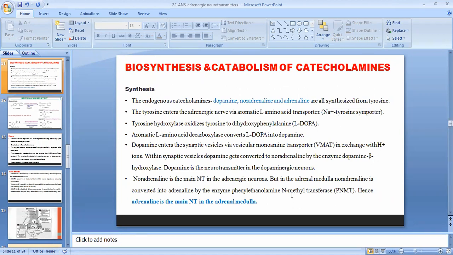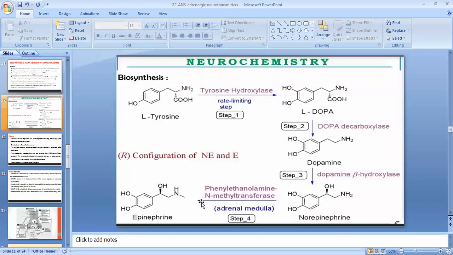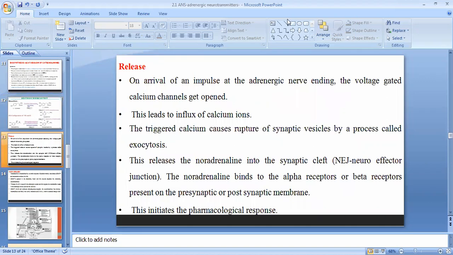The methyl group is transferred, so adrenaline is the main neurotransmitter in the adrenal medulla. In this way, the biosynthesis of catecholamines is done in our body.